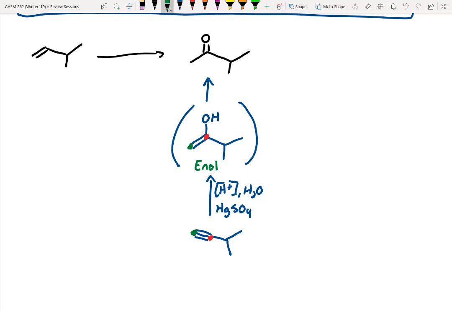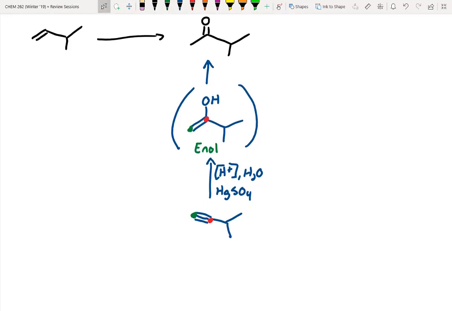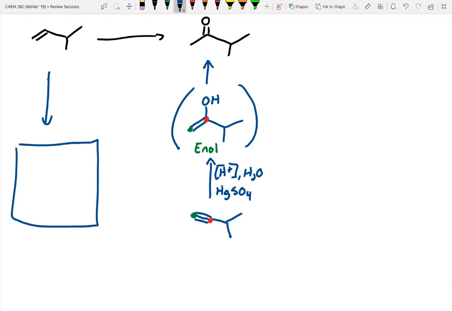All right, so now the question is, how can we get from the alkene, our starting material, to that alkyne that we need? We can't do it directly in one shot, so we must have to go through some sort of intermediate. So I'll just put this as a box, and then that intermediate must go to the alkyne. Anybody have an idea? Halogenation.